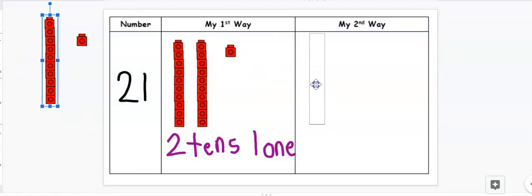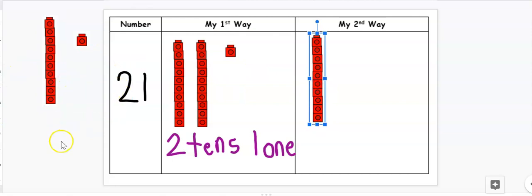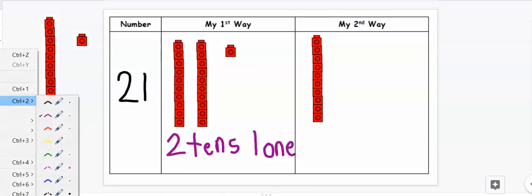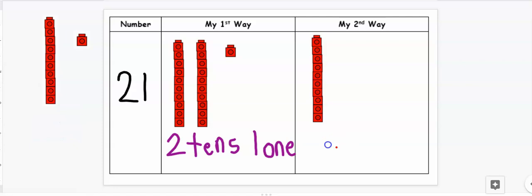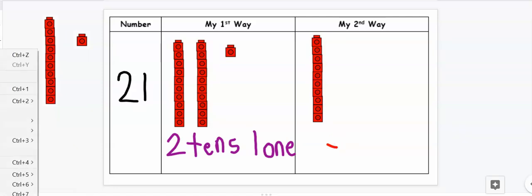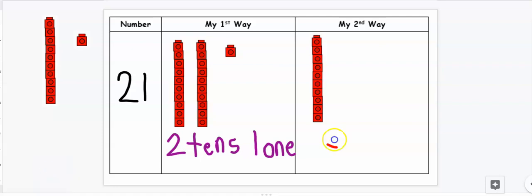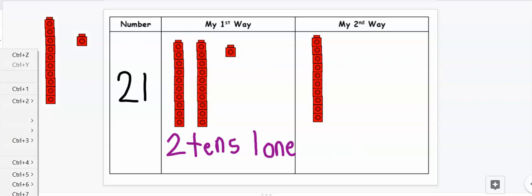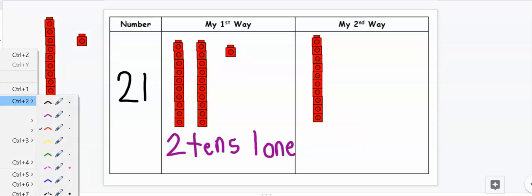Okay, so let's build it another way. What if I only have 1 10? Okay, how many 1s would I have? So if I have, let's write this. Made a boo-boo there. That's okay. I can fix that.